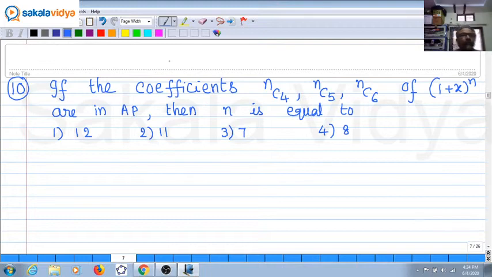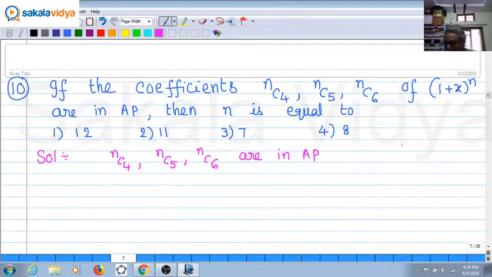So now the solution. nC4, nC5, nC6 are in arithmetic progression. So we have one condition. Suppose a, b, c are in arithmetic progression, we have 2b equals a plus c.